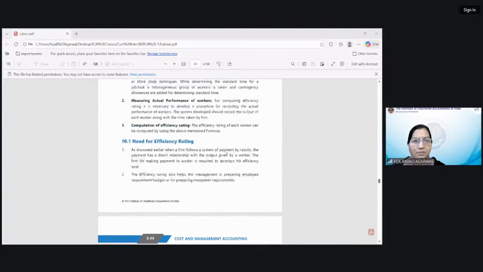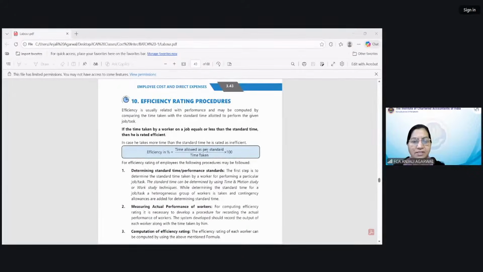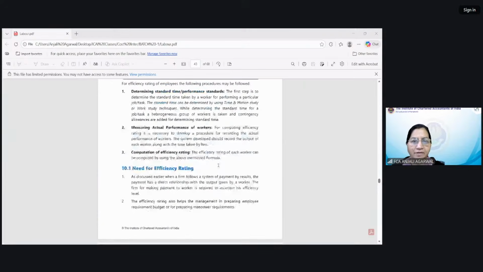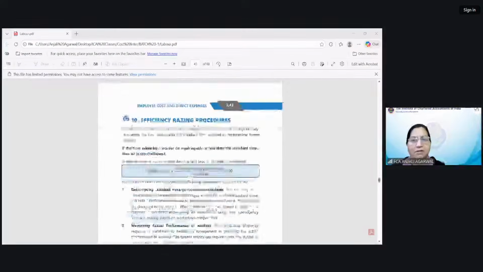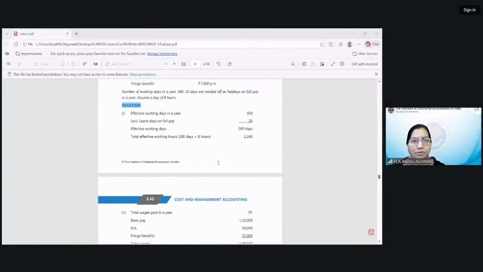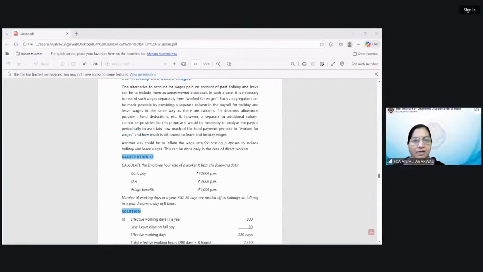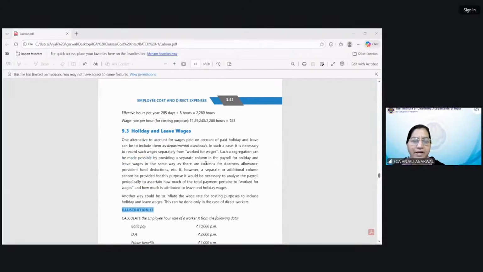What I'm talking about, efficiency calculation: time allowed divided by time taken into 100, and productivity can be in terms of output. So holiday and leave wages, how do you account for that? There can be different types of holiday and leave wages. For example, they can be earned leaves, they can be casual leaves.